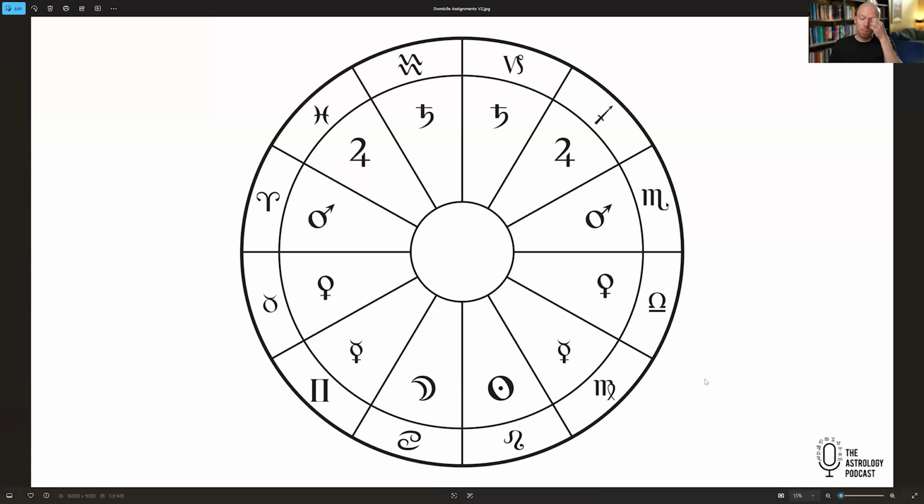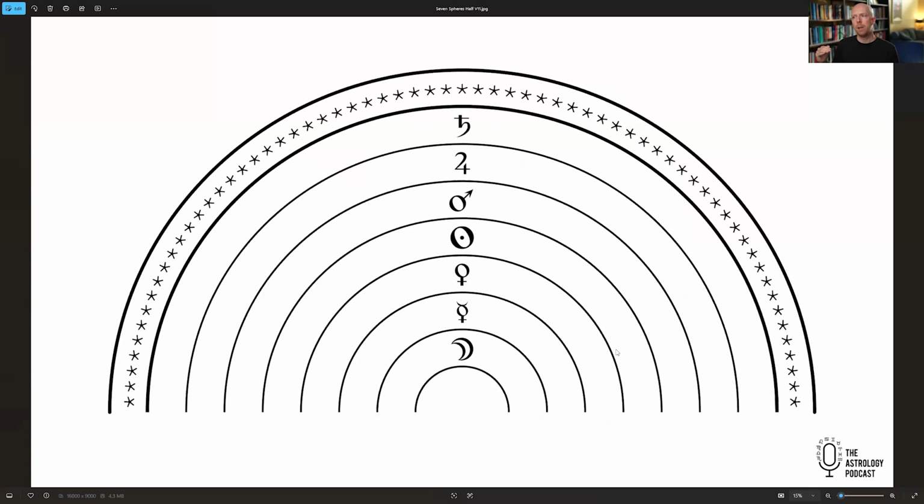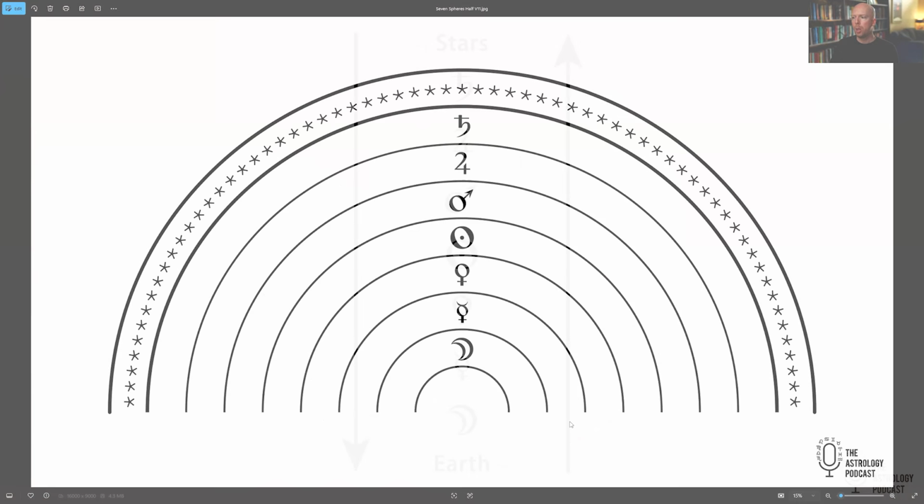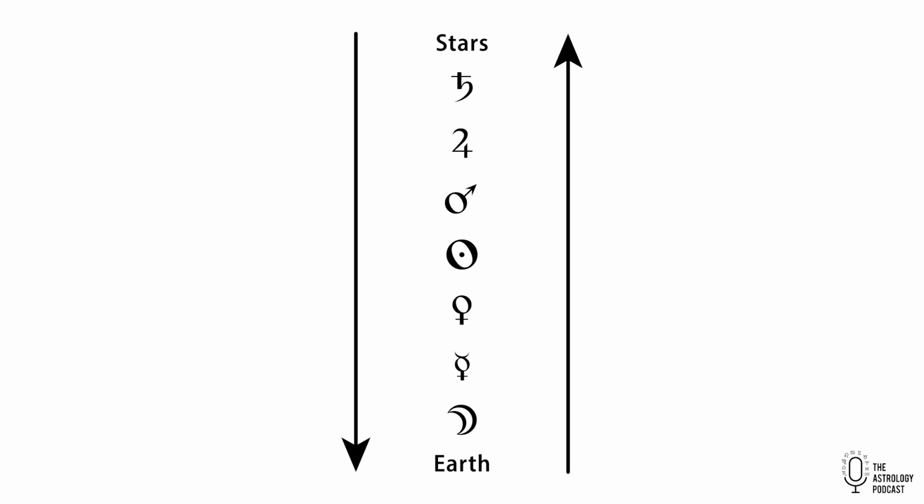So, part of what I've been exploring, and I'll probably explore more in the next episode, that I think was part of the implicit conceptual motivation here is that the domicile scheme and the zodiac itself has an implicit left and right movement of the planets along the ecliptic, but then the order of the seven zone sphere has a verticality and it has an upwards and downwards movement when it comes to how the planets are arranged.